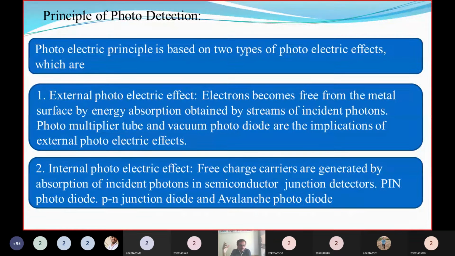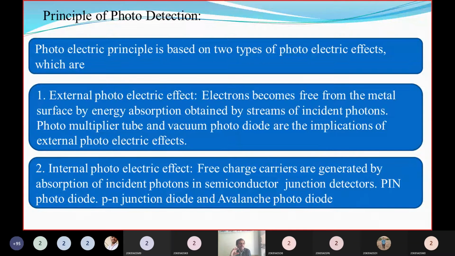We discussed this previously: how a photodetector works. Whenever light is absorbed by the semiconducting material, the electron jumps from the valence band to the conduction band. Here the bond is breaking, but the electron just moves from the valence band to the conduction band. It is not coming out from the surface of the material; it stays inside the material.